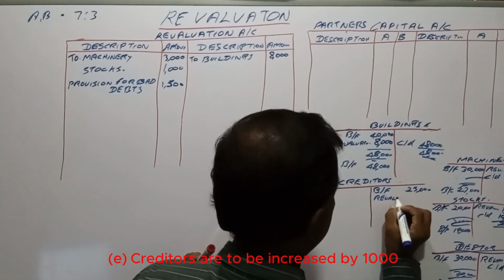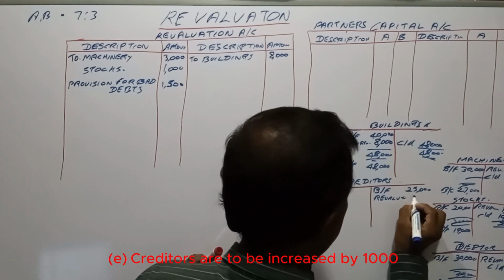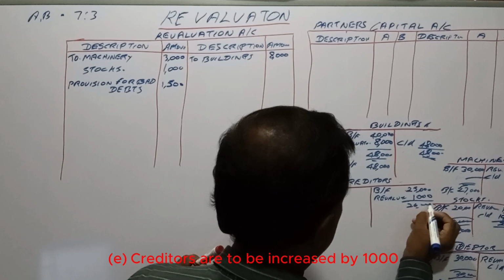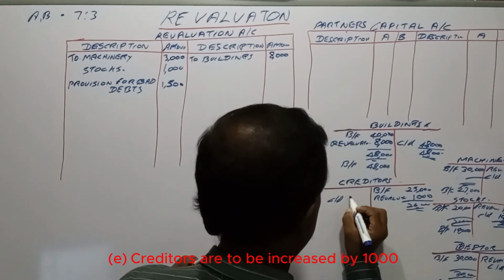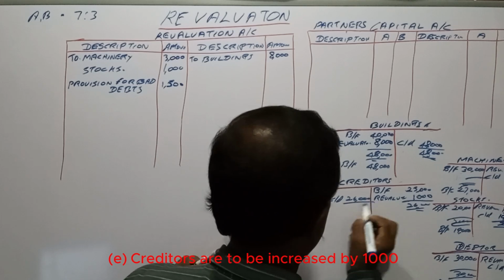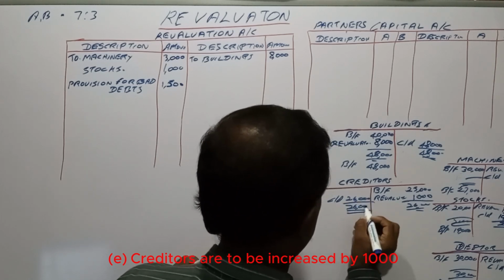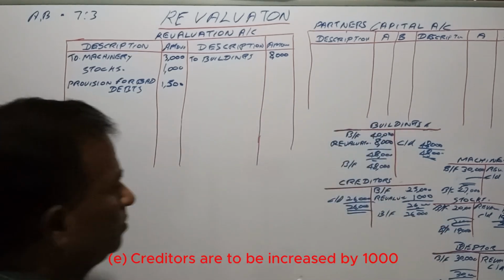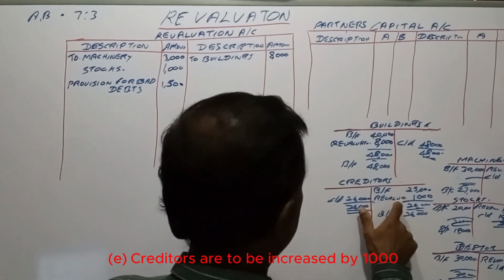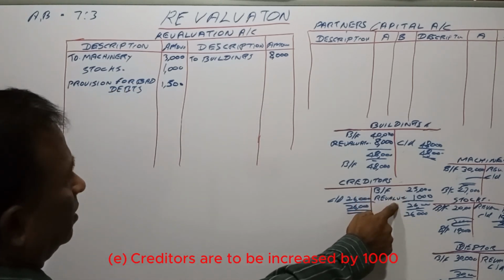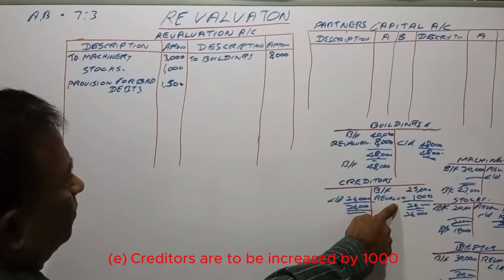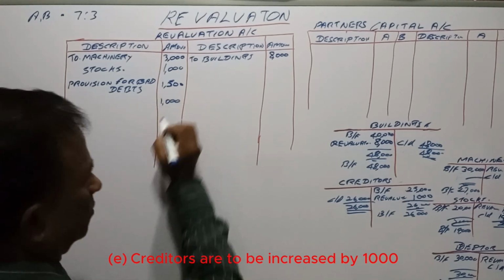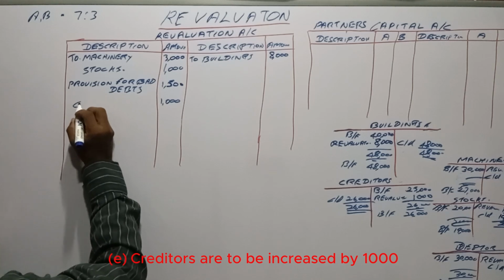Revaluation account 1,000. The new figure is 26,000. So revaluation account has to be debited by 1,000. That is the creditors, increase in creditors.